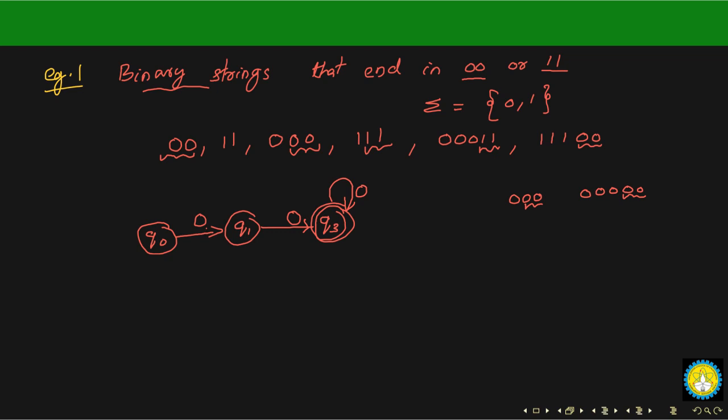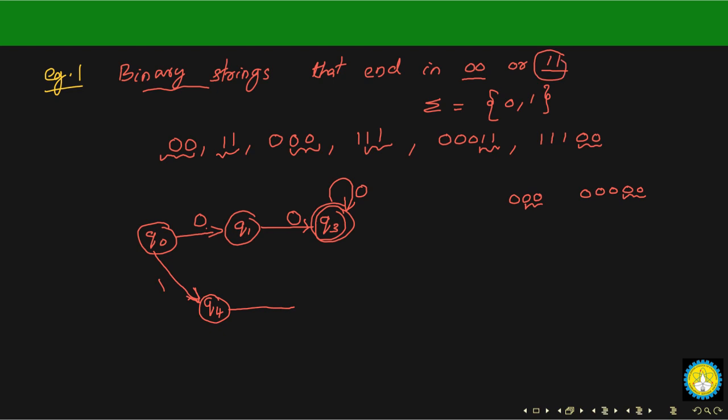Now what we will do if you are getting 11, so this also should be done. From the initial state, if you're getting a 1, I'm going to have another state, say Q4 here, and I'm going to go there. So if you're getting a 1 from Q0, I'm going to go to Q4, and from there again, if I'm getting a 1, I have to be in my final state, because 11 is a string which ends in 11, so it has to be accepted.